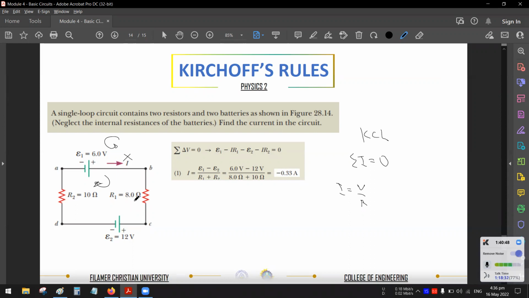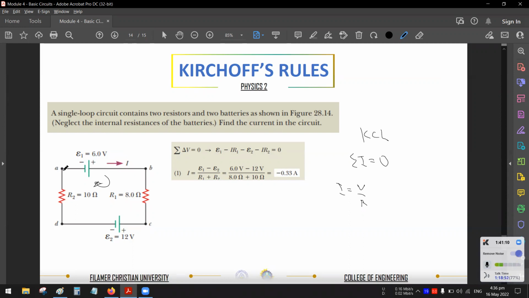Okay, so let's assume that the current is clockwise. Kasi yun naman talaga yung nandito sa figure. So assume lang natin na clockwise siya. So meaning we traverse the circuit in clockwise direction starting from point A dito.